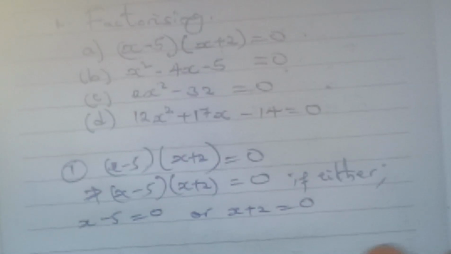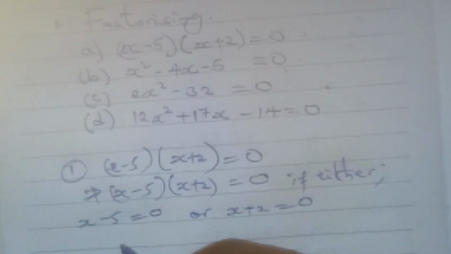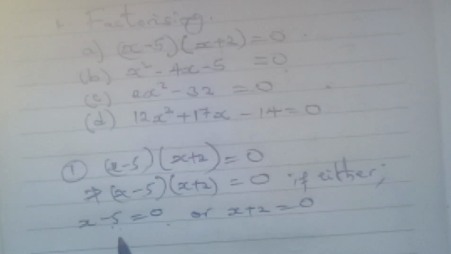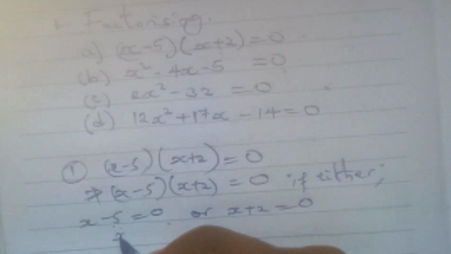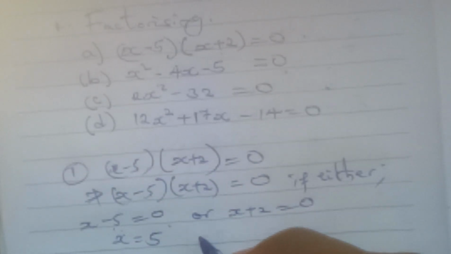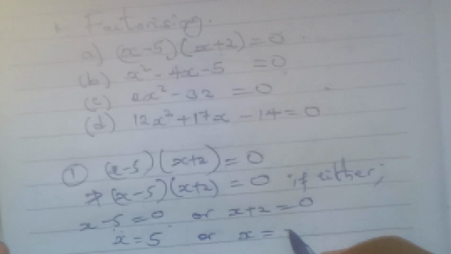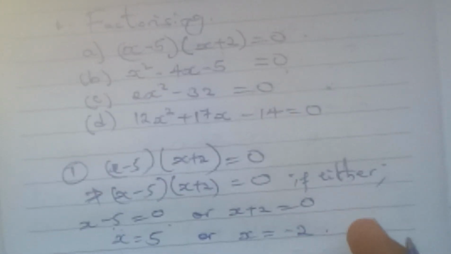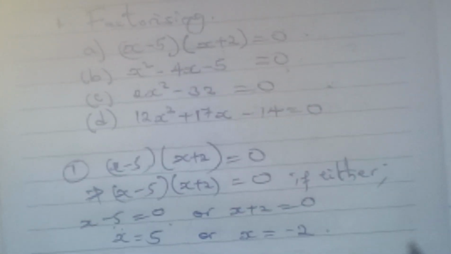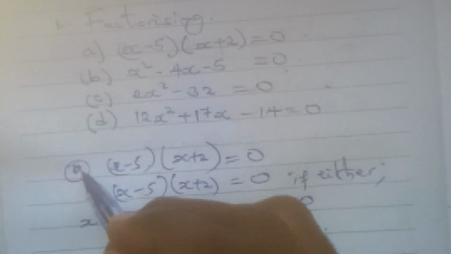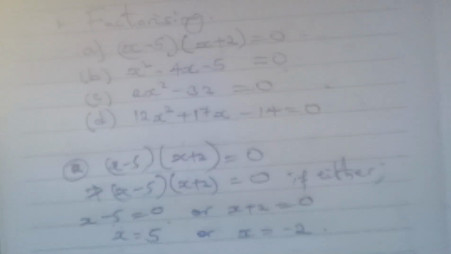Those are the possible conditions by which we can get a 0 from that equation. So if we remove 5 from this side and take it to the other side, making x the subject, we end up with x equals 5. Then here, making x the subject also, you'll have x equals negative 2. Those are the solutions for that number 1, the first part, which was A, since I'm using letters to enumerate them.